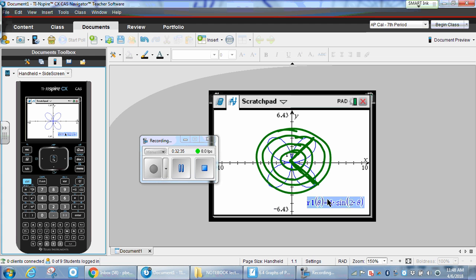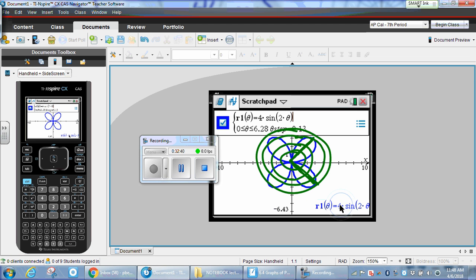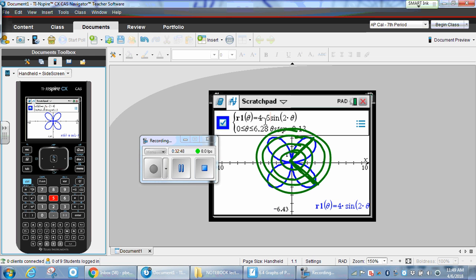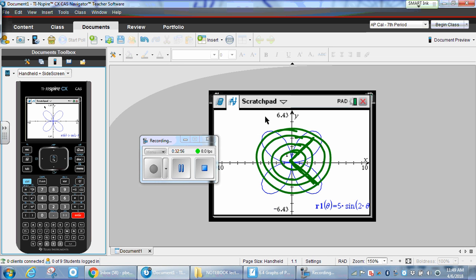You try your own number. See if they shrink or elongate. Oh, yeah. And these are the most beautiful graphs you've ever seen. So see, I put a 5, it went a little longer.